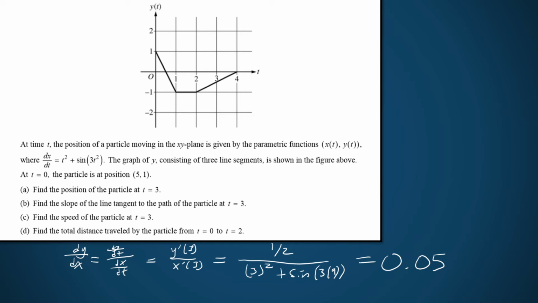So at t equals 3, dx and dy, x and y increases by 0.04. Close. So whenever y increases by 0.05, x should be increasing by 1, right? This is the slope of the tangent line, the slope of the arc of the curve.